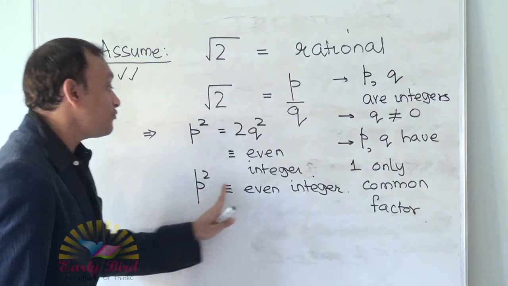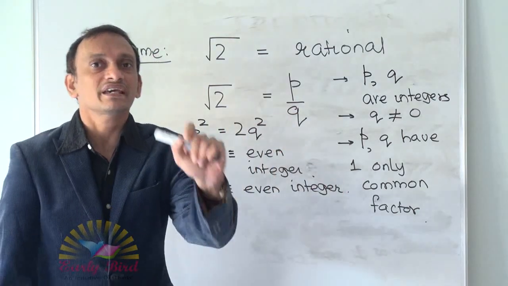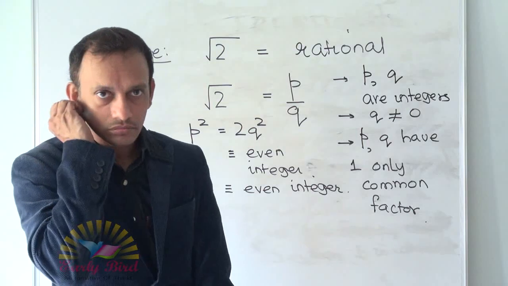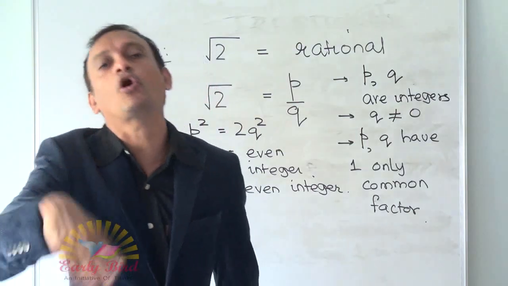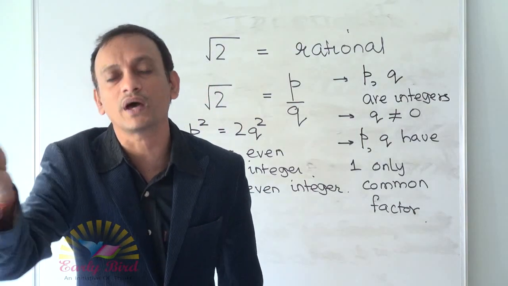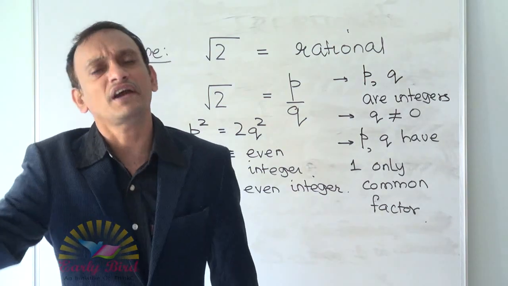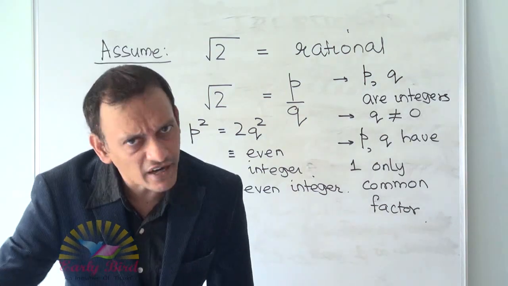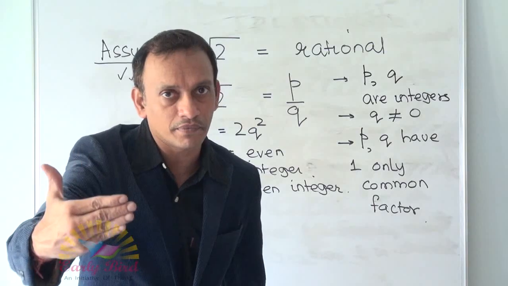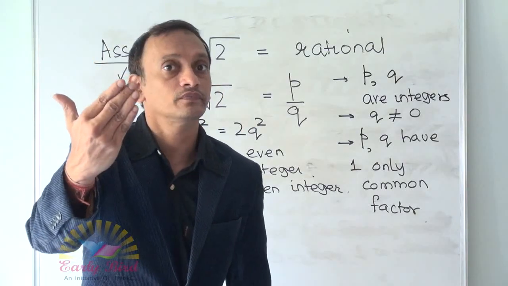Now, if p squared is even, can p be odd? No, because the square of an odd number will always be an odd number. 1 squared is 1, 3 squared is 9, 5 squared is 25, and so on. So if you square an odd number, you'll always get an odd number.